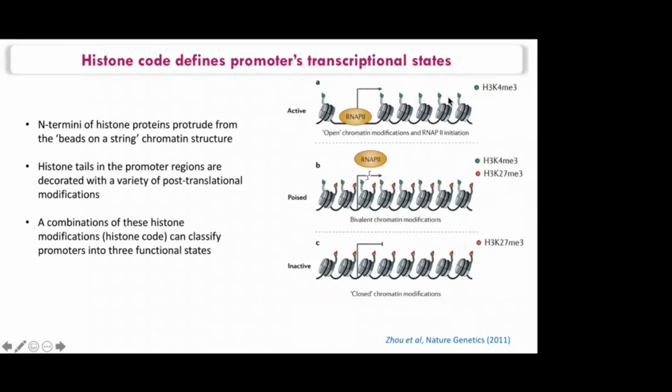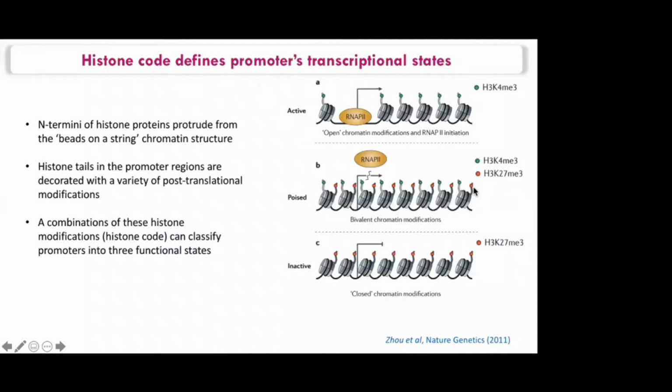And the nucleosomes are decorated with H3K4 trimethylation. That's the active mark. Inactive genes, on the other hand, obviously have very low or no RNA Pol2 occupancy, and the nucleosomes are embellished with repressive marks, most notably H3K27 trimethylation. What's really interesting is that some of the promoters are kept in this poised or primed state. These are called bivalent chromatin modifications.